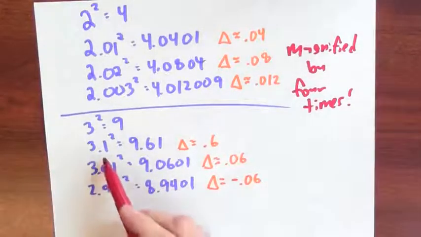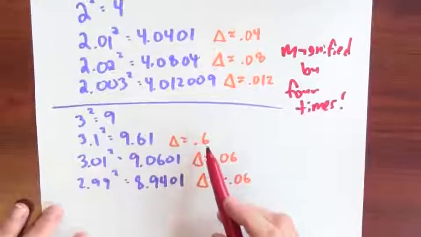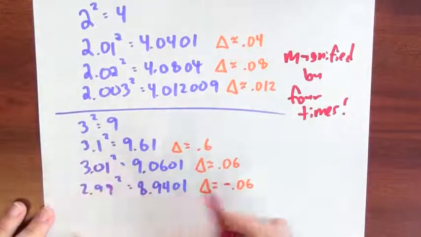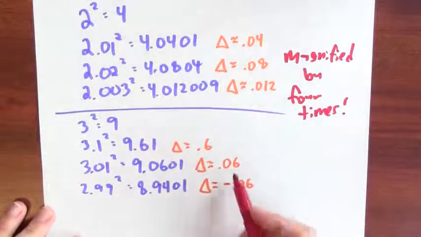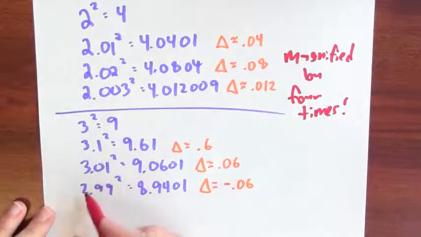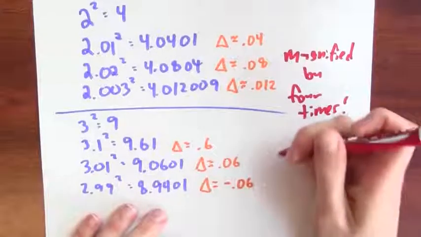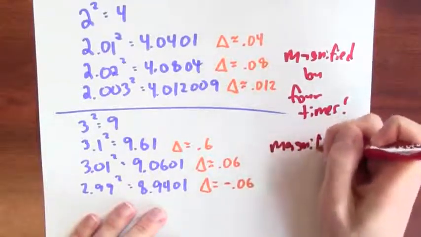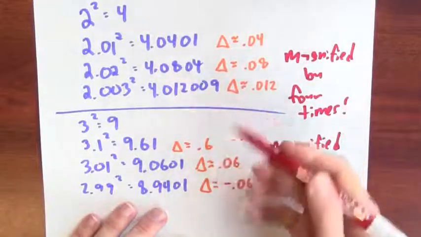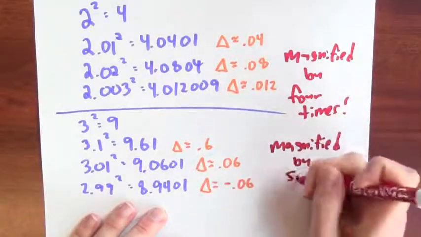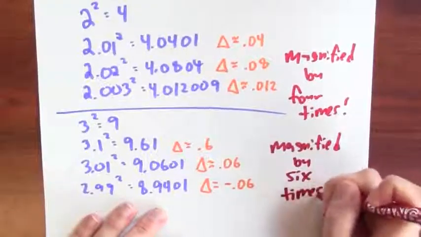Well, here, the input changed by 0.1, the output changed by 0.6, about 6 times as much. Again, the input changed by 0.01, the output changed by about 6 times as much. And when the input went down by 0.01, the output went down by about 6 times as much. So again, we're seeing some sort of magnification of the output change to the input change, but now it's magnified not by 4 times, but by 6 times.